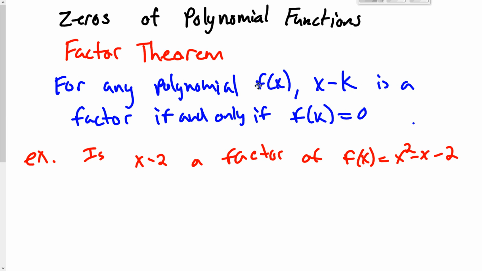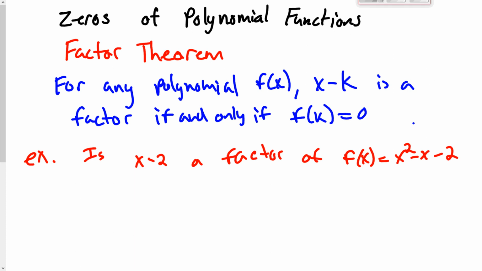I have a couple examples in here that show it. Basically, if I have a point, say (2, 0), that means x equals 2, so x minus 2 would be a factor of some polynomial. That means x minus 2 times some other binomial or factor would equal the polynomial.